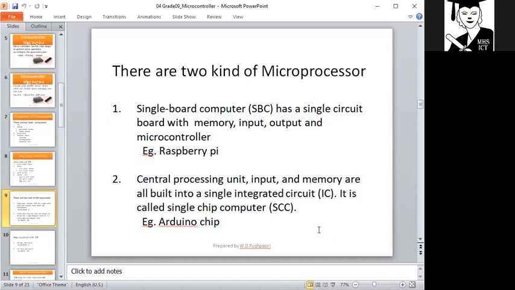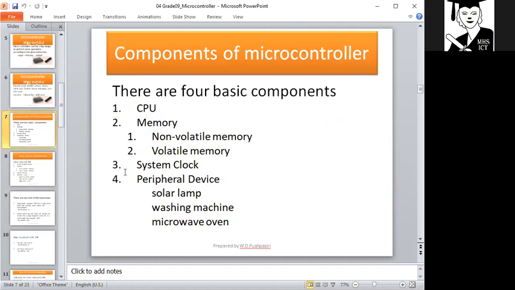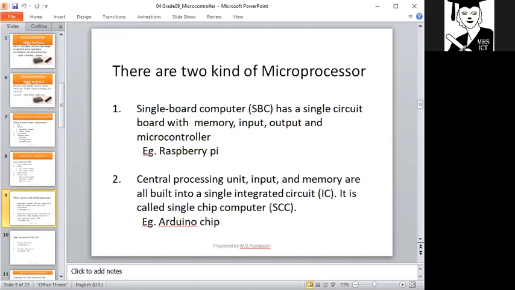And the other one is SCC. SCC means the Central Processing Unit, input and memory are built into one integrated circuit, that IC. That means in the IC, in the circuit, right? The CPU, input, those components we discussed here, all these components are built into the SCC.